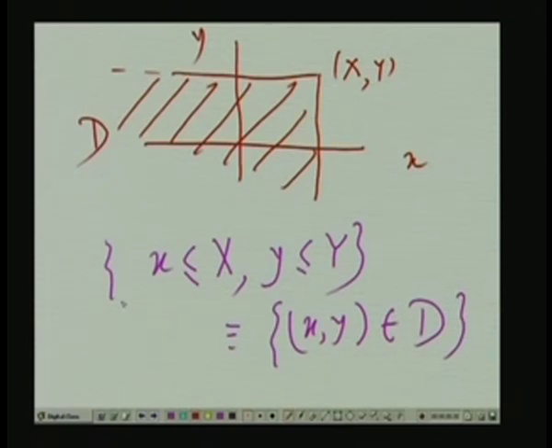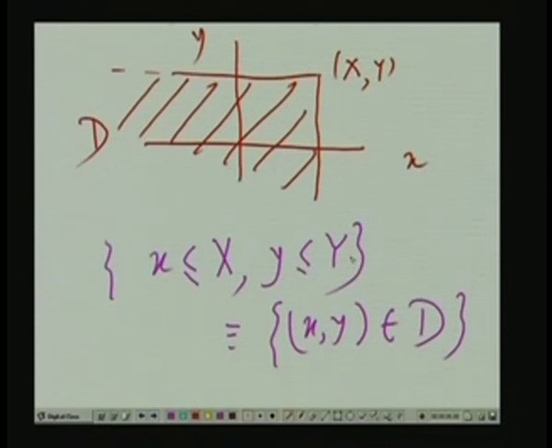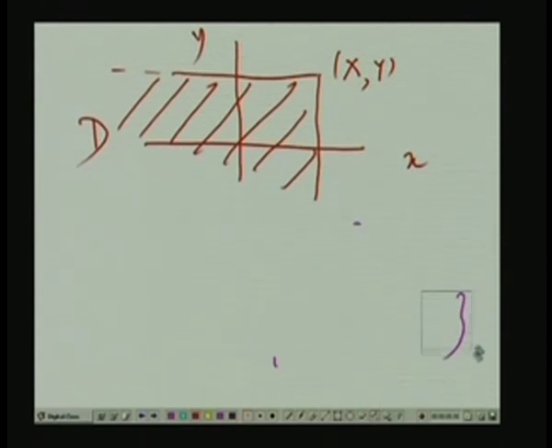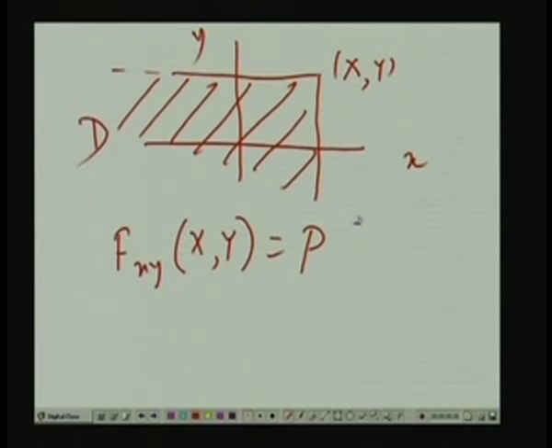So the probability distribution is the probability of this event, that is, the probability that the pair x, y falls within this zone.